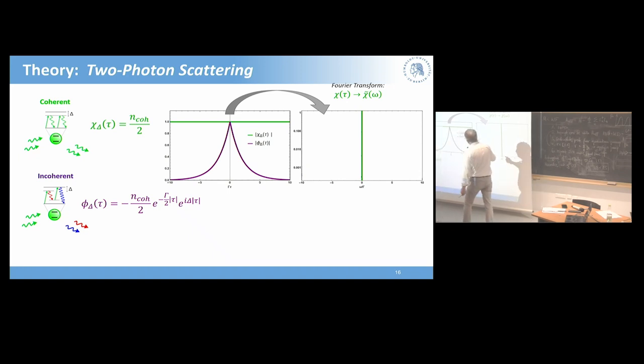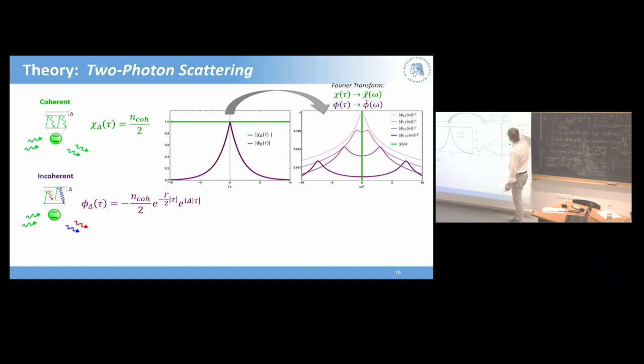And now here I plot this incoherent two-photon scattering amplitude, and it's this bi-exponential. If we do a Fourier transform of this, then for zero detuning, if I don't have this term, I will get a Lorentzian. So this is this case here.